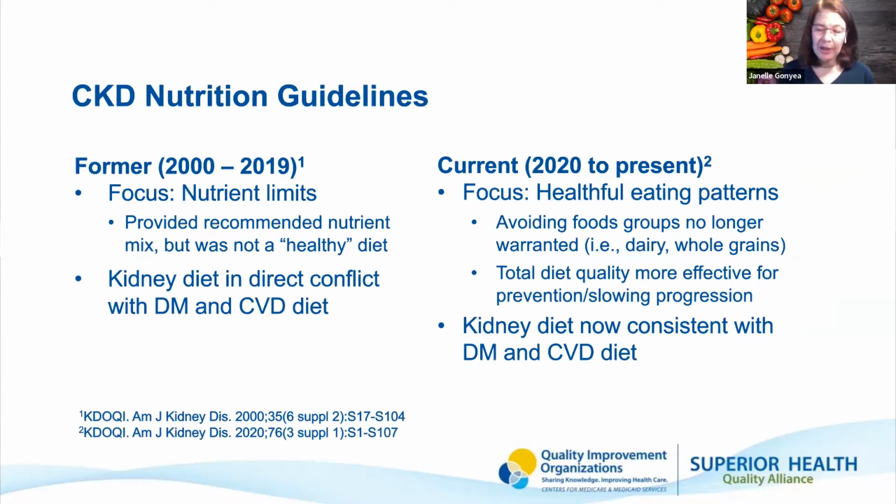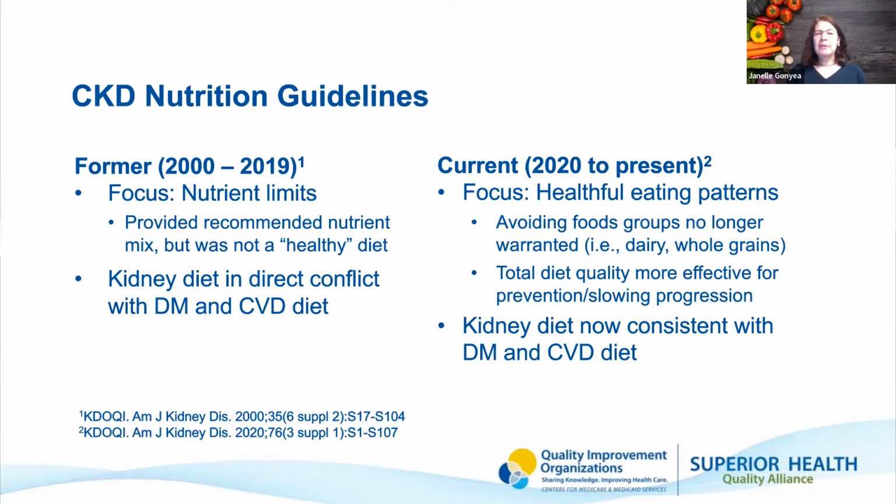I do want to talk a little bit about the MNT and what is specifically provided, because that's a big part of it. We do use evidence-based guidelines, and there have been evidence-based guidelines for many decades, but the first formalization of them occurred in 2000.